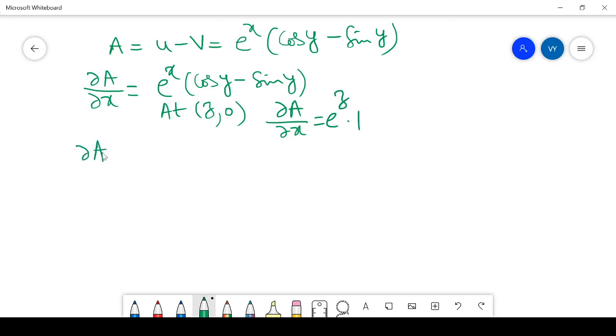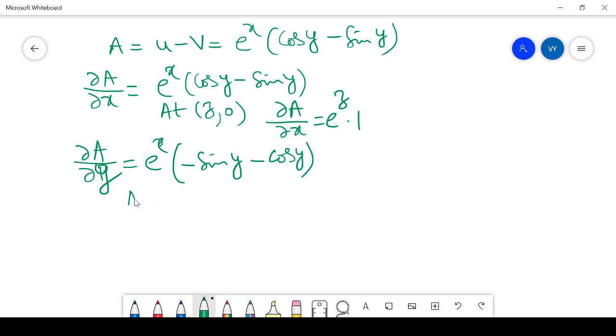Now what will be ∂a/∂y? ∂a/∂y will be e^x (−sin y − cos y). At (z, 0), ∂a/∂y will be e^z into minus 1.